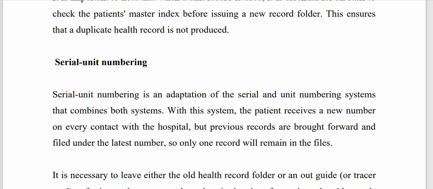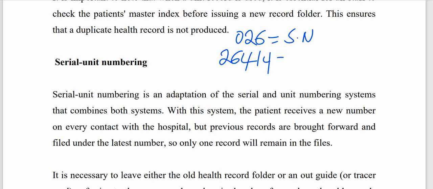For example, if this 0, 2, 6 is the serial numbering system, and 2, 6, 4, 1, 4 is the unit numbering system.